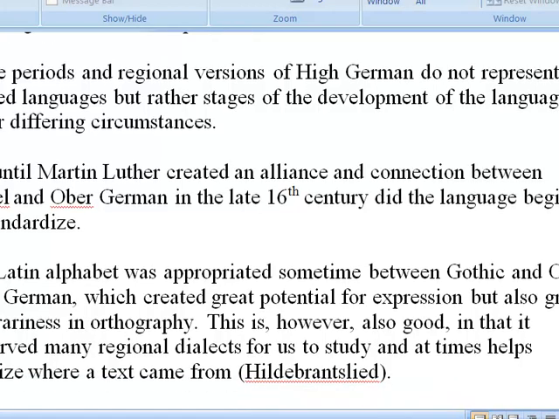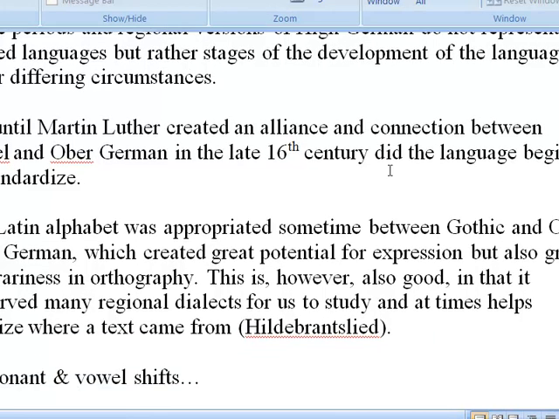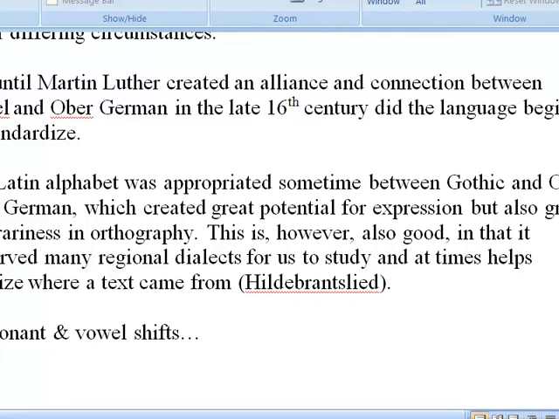It wasn't actually until the late 16th century, when Martin Luther translated the Bible and created a connection between Middle and Upper German, that the language began to standardize. This Bible translation was a pivotal point for German as a literary language and as a stabilized written language.